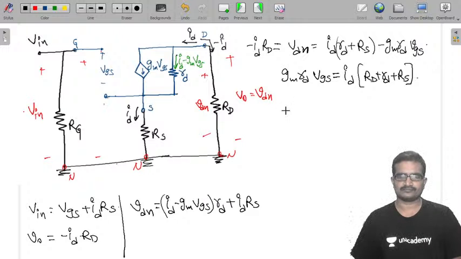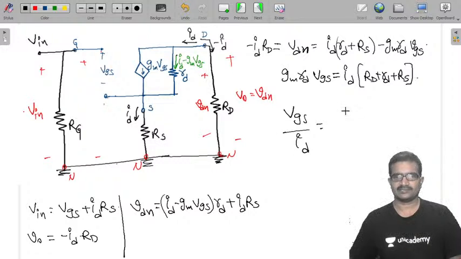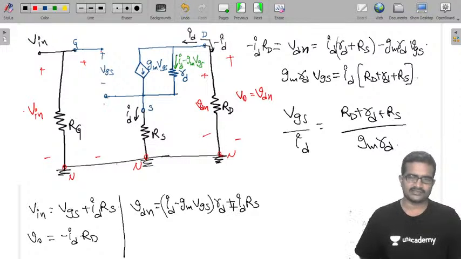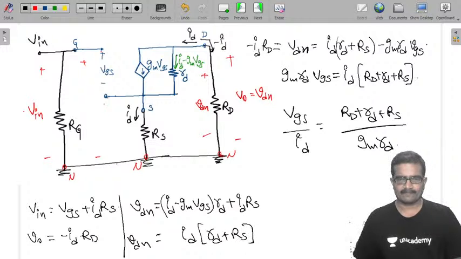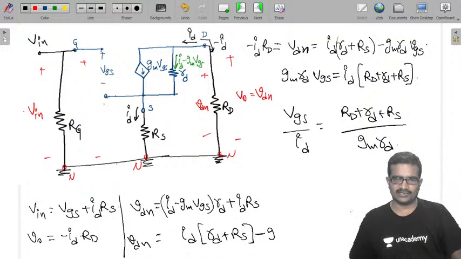Now from this I am going to get the value of VGS by ID, which is (capital RD plus small rd plus RS) by gm into small rd. Next, using that equation, ID times (small rd plus RS) minus gm into rd into VGS.